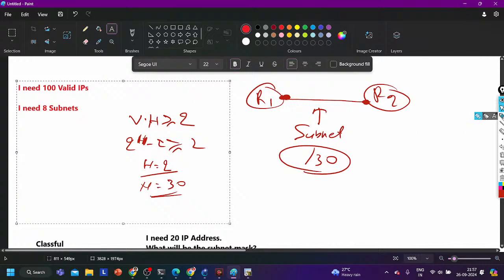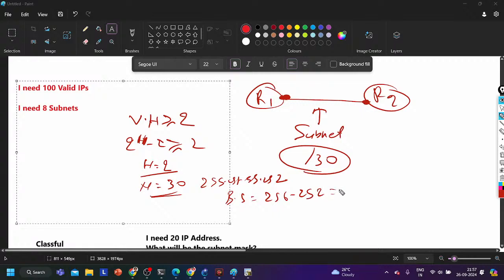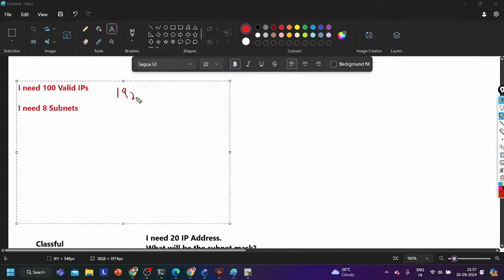Right? And for /30, the subnet mask will be 255.255.255.252. Block size will be 256 minus 252, which means 4. Right? So let's say my main network ID is 192.168.10.0/24.